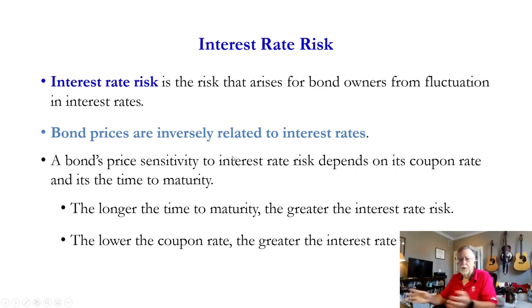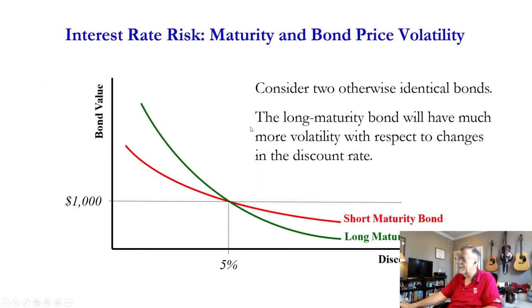It also depends on the time to maturity. The longer the maturity time is, the more opportunity costs you have locked up in this bond. If it's a long tail, it really fluctuates, and if it's a shorter period, it's not as sensitive. So the longer the maturity, the greater the interest rate risk. Let's take a look at that. Consider these two otherwise identical bonds.